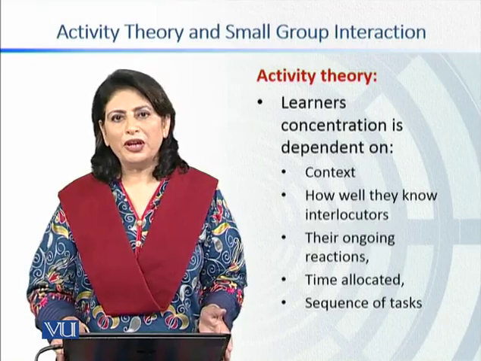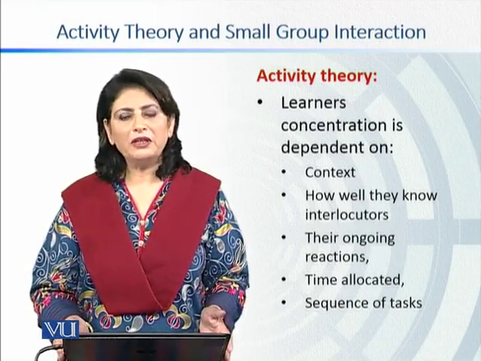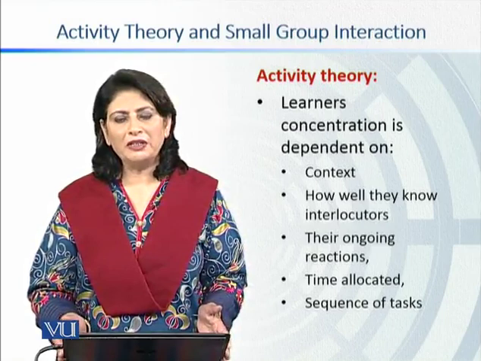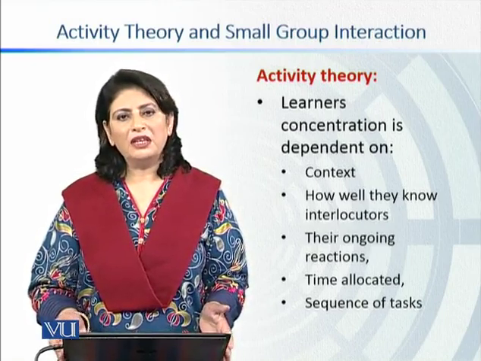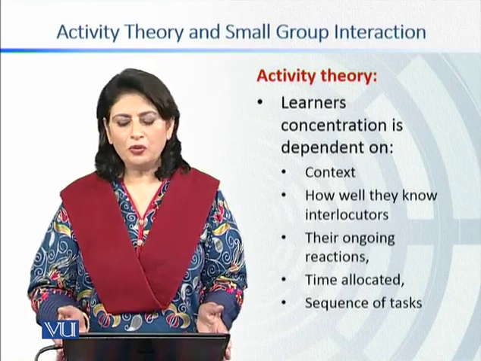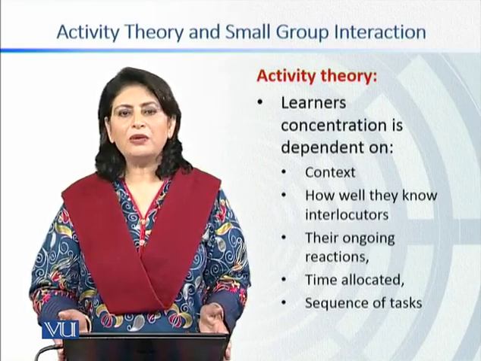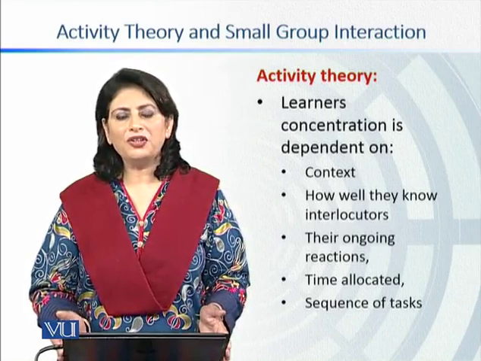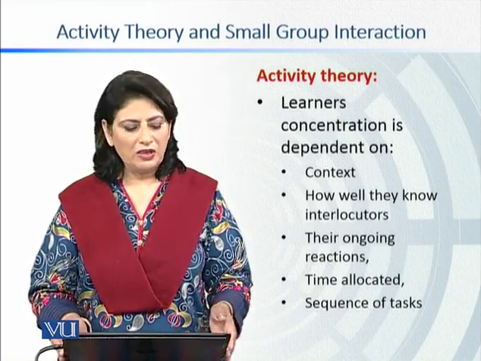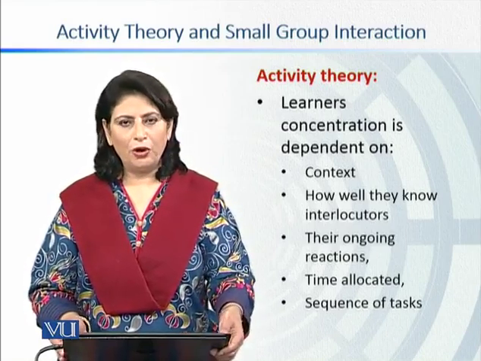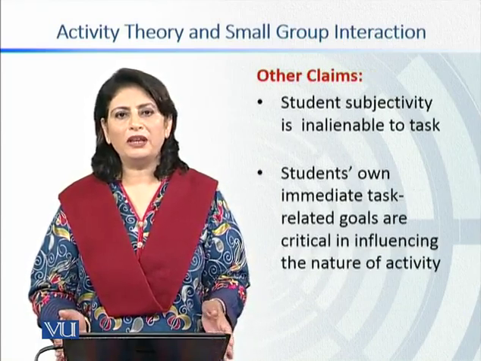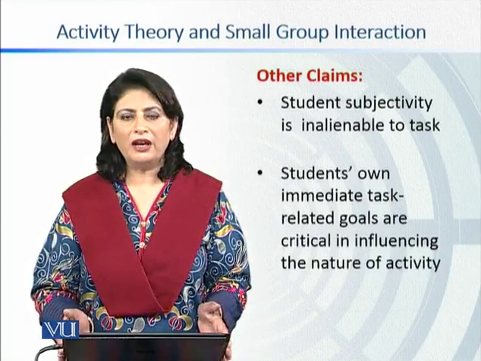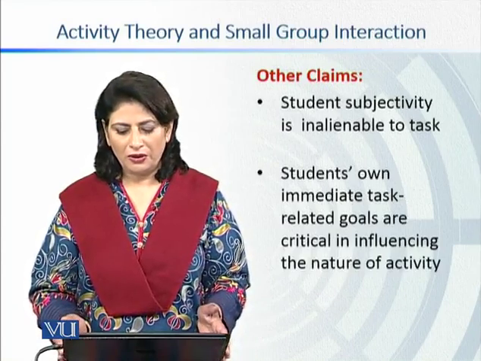If too much time is allocated for an activity, they might become distracted. If too little time is given for the activity, they might feel they are not up to it. And then the sequence of the task: how much does it make sense to them so they can become involved? Remember, learner agency can only be involved if they fully understand what is going on.